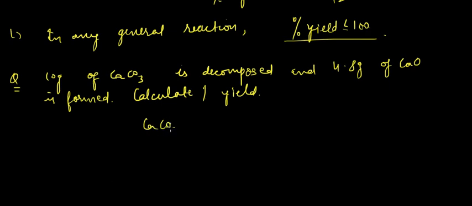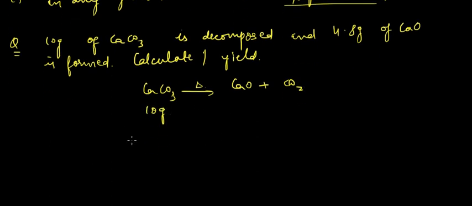So let me write down the reaction. CaCO3 is heated to get CaO plus CO2. So 10 grams was heated, so number of moles would be 0.1 because the molar mass of CaCO3 is 100 grams. Hence 0.1 moles of CaO and CO2 is expected to be formed.